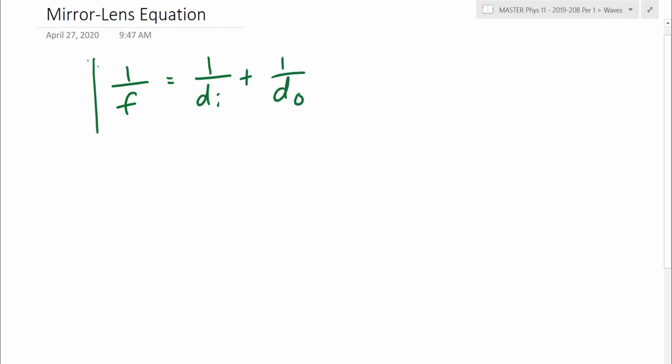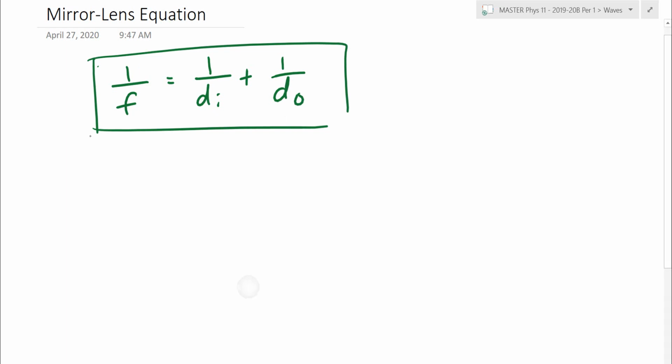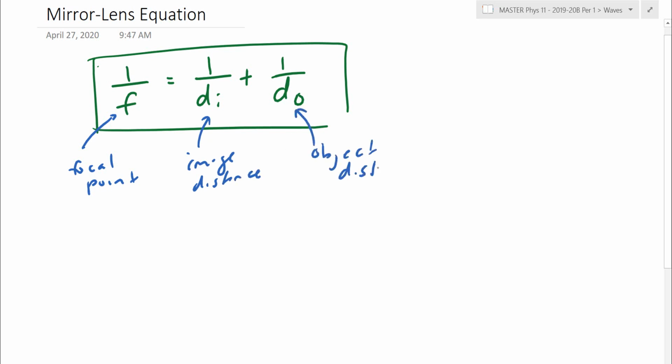So that's our mirror lens equation. f here is going to be the focal point, or the focus if you like, focal length if you like. The di, as we saw before, is called the image distance. And then the do is therefore the object distance. So just like with any of our formulas we've seen, if you have 2 out of the 3 of them, you can solve for the other one. It's a little bit more confusing because of this reciprocal relationship, but it's not overly bad.